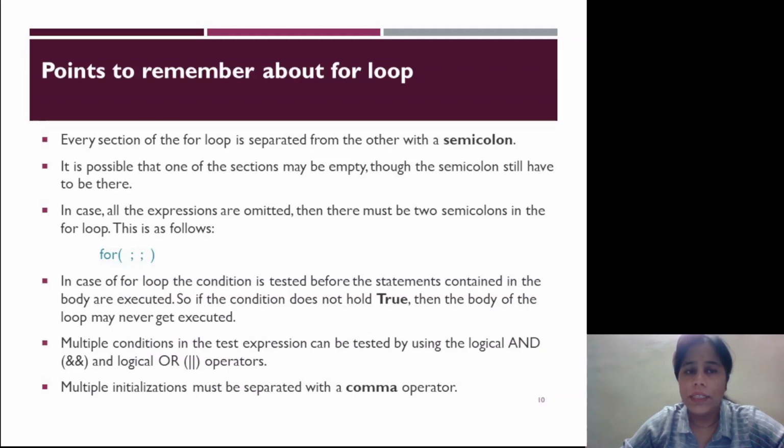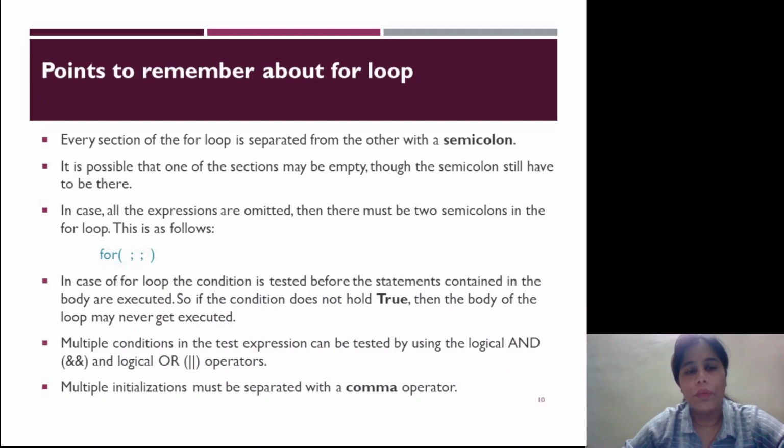Third point, in case all the expressions are omitted, then there must be two semicolons in the for loop. This is written as follows. Fourth point, in case of for loop, the condition is tested before the statements contained in the body are executed. So if the condition does not hold true, then the body of the loop may never get executed.